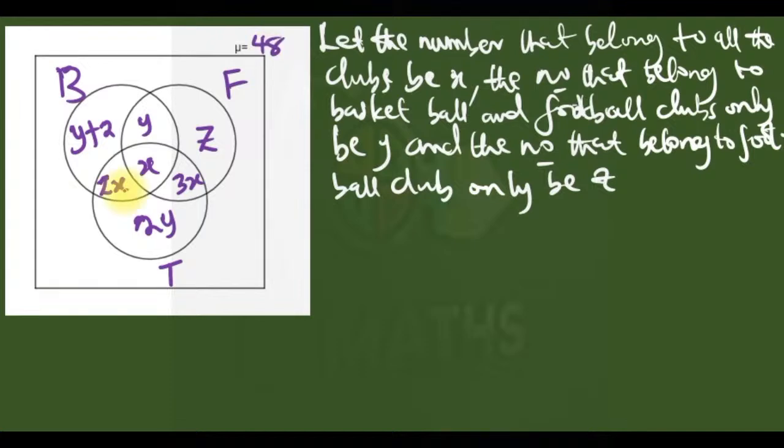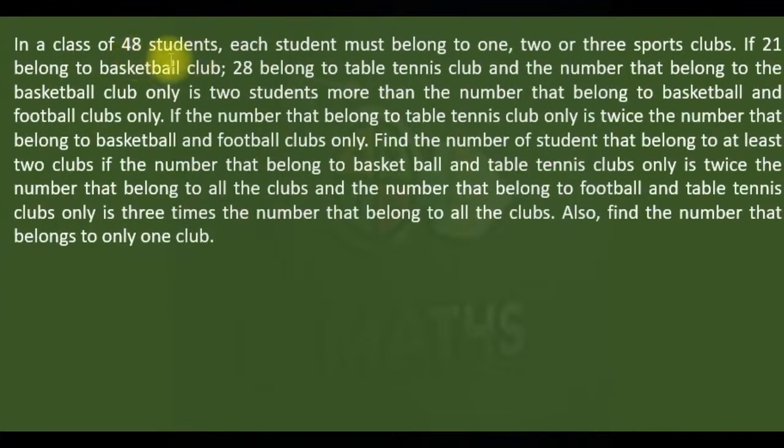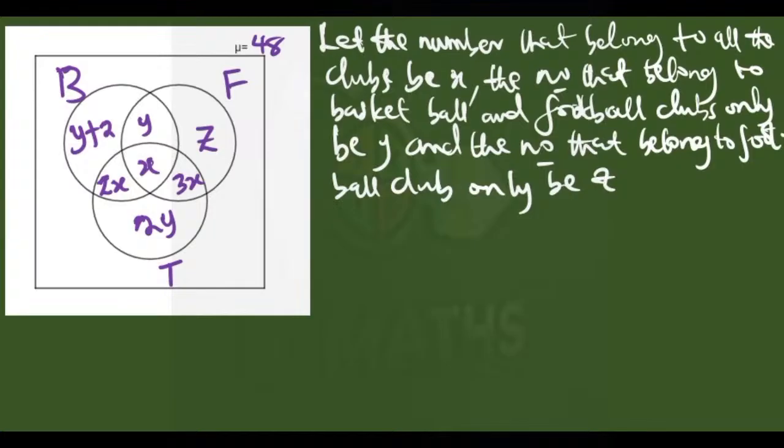Look at the beginning, they said 21 students belong to basketball club. So let's go to basketball club. All these ones under basketball: 2x plus x plus y plus 2 is equal to 21.